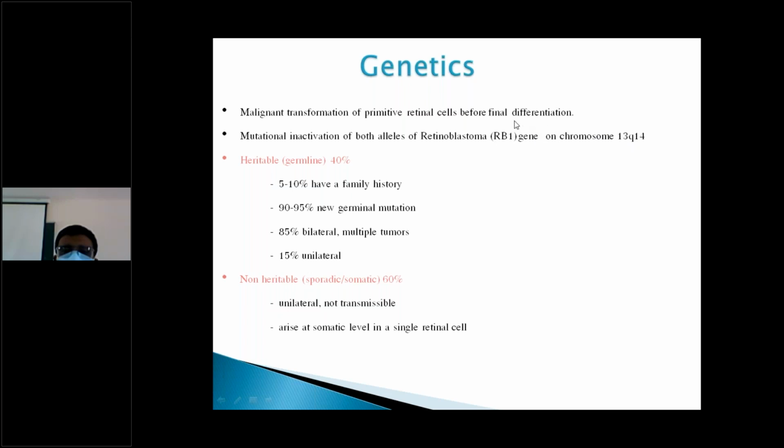If there is deletion of one or both alleles of this band, it leads to retinoblastoma. There are two types of inheritance. One is heritable or germline inheritance. Number two is non-heritable or somatic inheritance. The somatic type cannot be transmitted to the next generation, whereas in heritable or germline inheritance, the mutation in this gene is transmitted to the next generation.